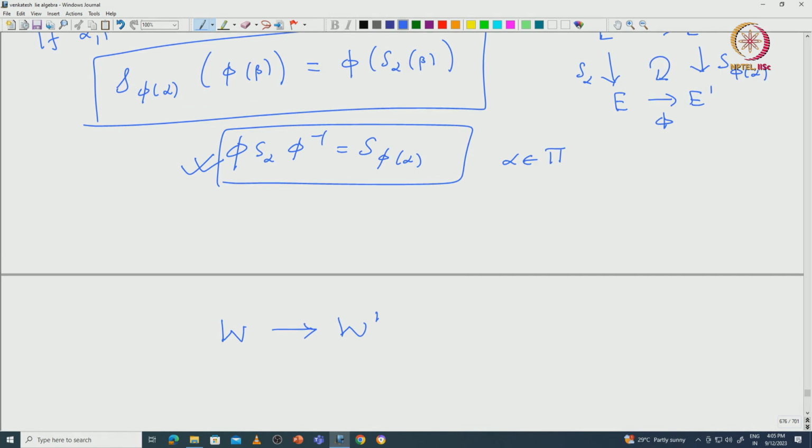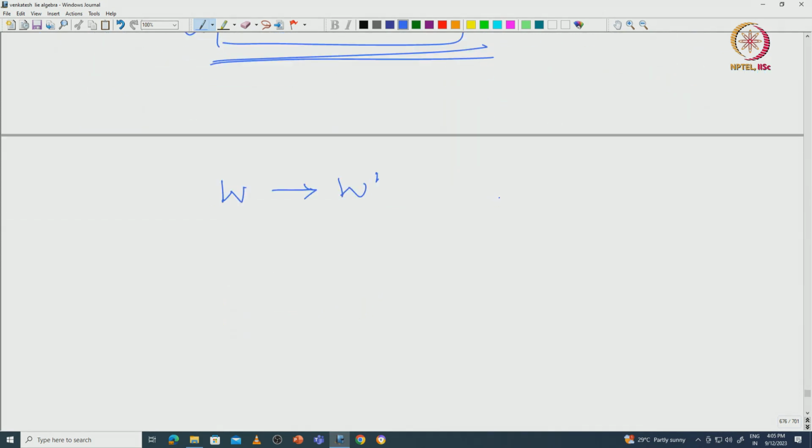On the generators we already have π S_α π⁻¹ is S_π(α). So from W to W' we can define σ goes to π σ π⁻¹. You can easily verify this, because this is a conjugation where π is actually an element of GL(E, E').